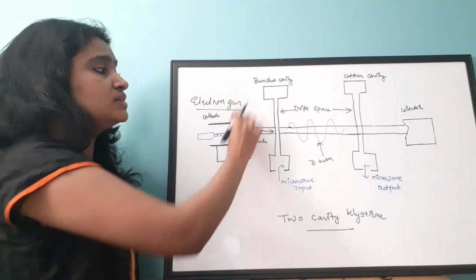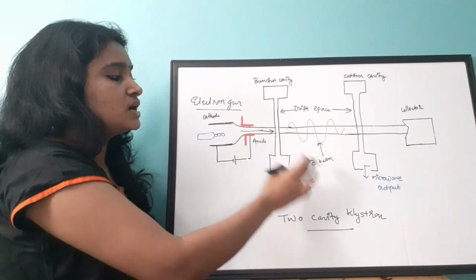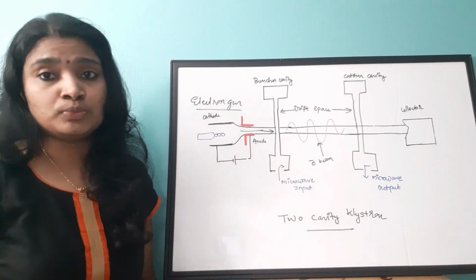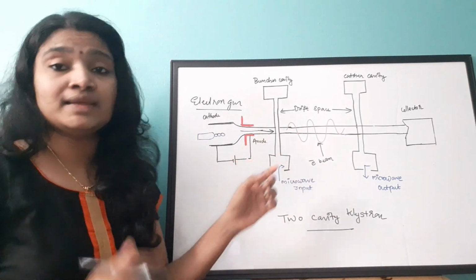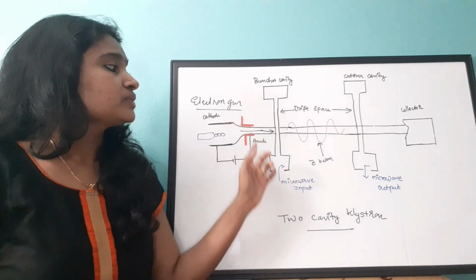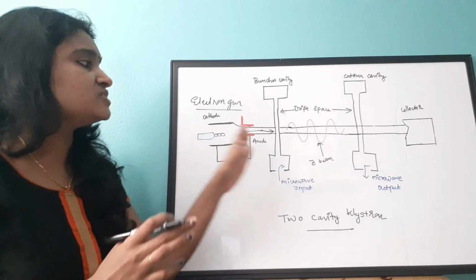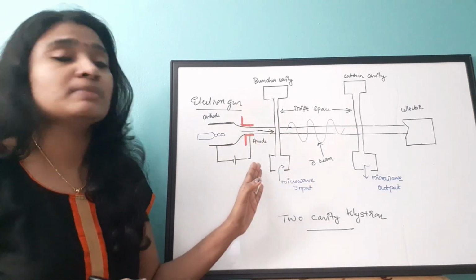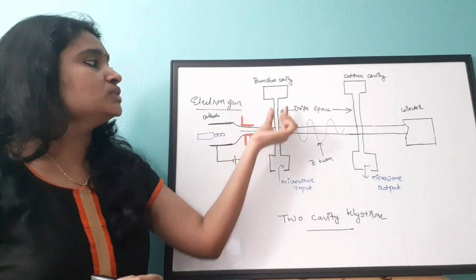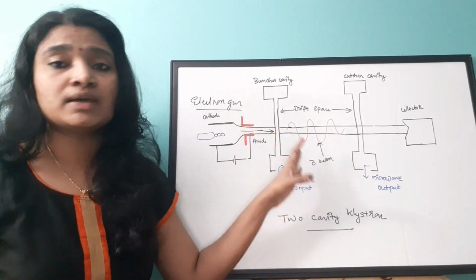Okay, so an oscillating voltage will get generated in the buncher cavity due to this applied microwave input. And this oscillating voltage inside the buncher cavity will cause the bunching of these electrons. Okay, so that is the principle of operation of this buncher cavity. Due to this bunching of electron beams, we call it a buncher cavity. Okay, I hope it is clear.